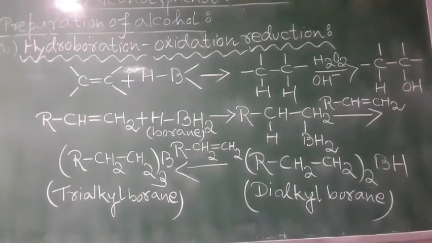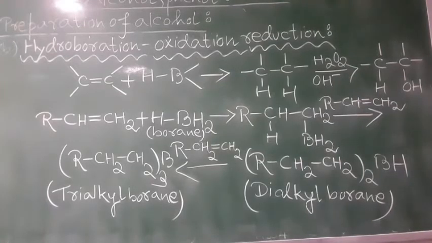Alkenes react with diborane, the formula of which is B2H6, to form trialkyl boranes, which upon subsequent treatment with alkaline hydrogen peroxide will give alcohols. This reaction involves the addition of water to a double bond opposite to that of Markovnikov's rule, that is, anti-Markovnikov's rule.